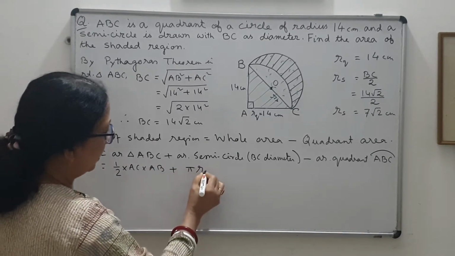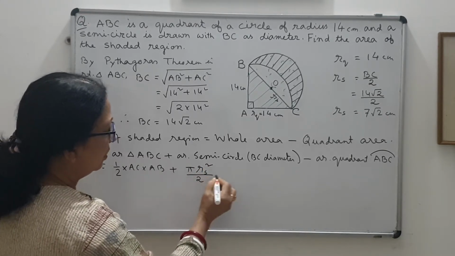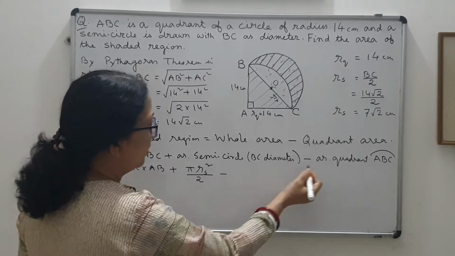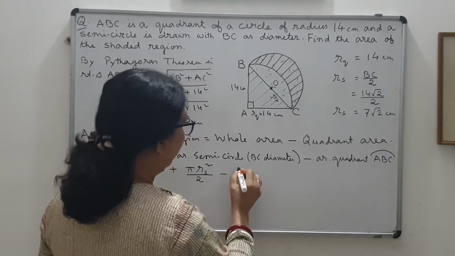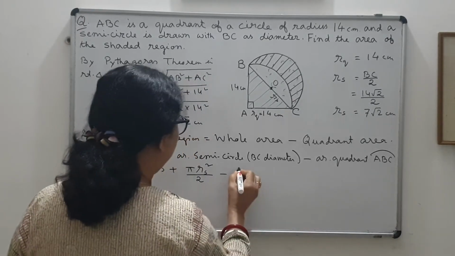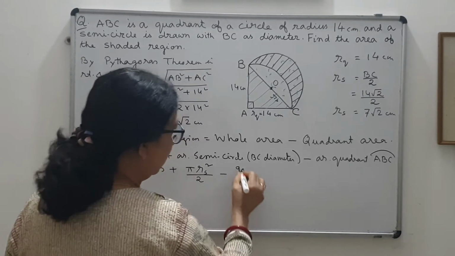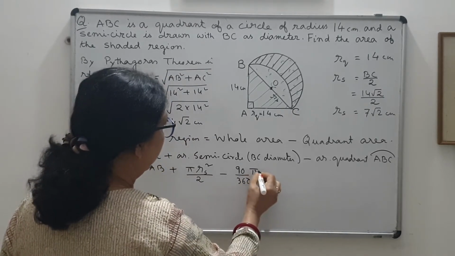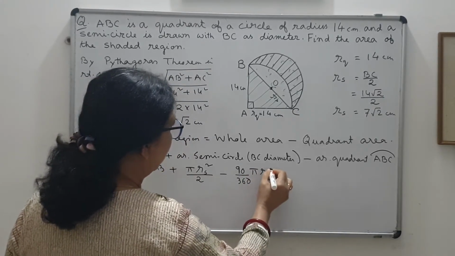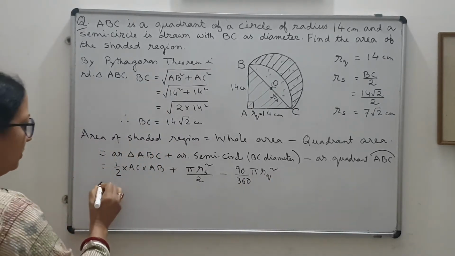So pi RS square by 2, where RS is the radius of the semicircle, minus the quadrant area, which will be theta by 360, that is 90 by 360, into pi RQ whole square, where RQ is the radius of the quadrant. That's all. Now put the values.